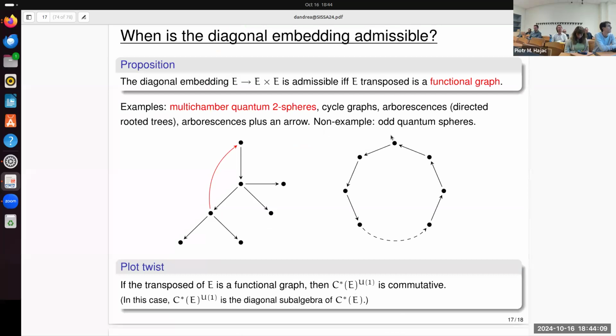For example, the equatorial Podleś sphere is that. For the category, it is fine, because it's a multi-pullback construction. Of course, it's a one-vertex case. Okay, so that's by this condition of having a functional graph.